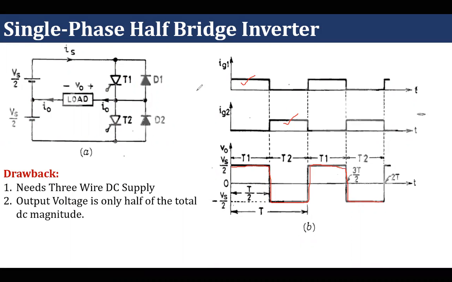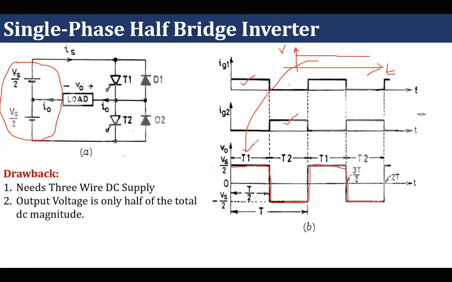So we are converting DC input. If I draw the voltage of the two series connected DC sources, its graph will look like a straight line. So we are converting this unipolar voltage into bipolar voltage, and that's why we are converting this DC into AC, although it is not a sinusoidal AC.